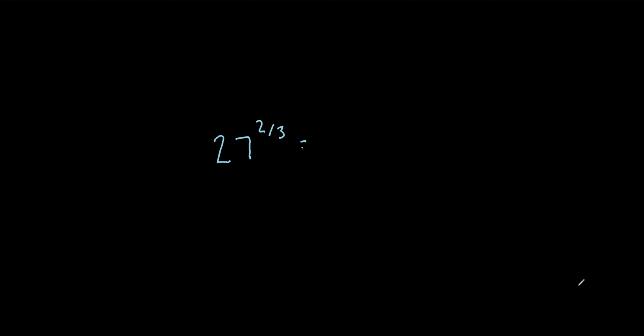So to solve for this, we'll use our trick once again, where we rewrite it as 27 to the 1/3 power. And then we raise this entire expression to the original numerator, which was a 2. So now we have to think, what is 27 to the 1/3 power? Or in other words, what number multiplied by itself this many times, 3 times, is equal to 27?